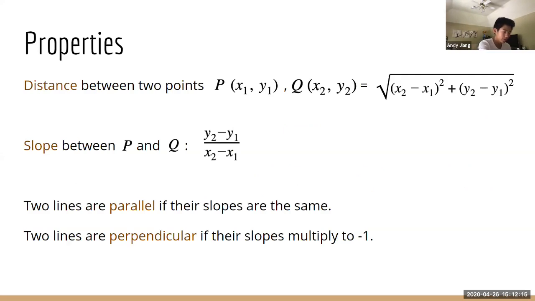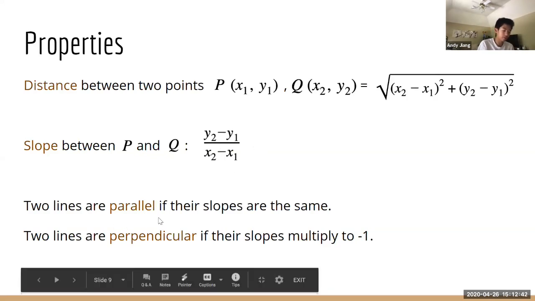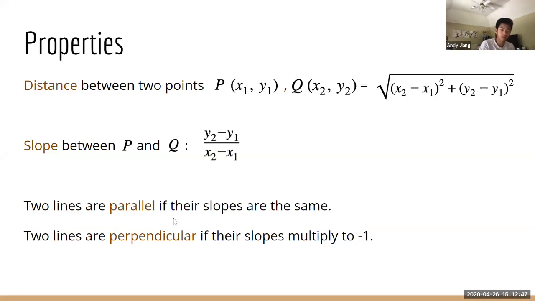And you can see this x2 minus x1 is like our A, y2 minus y1 is like our B. The slope between P and Q, given these same coordinates, is y2 minus y1 over x2 minus x1. And when we're comparing two lines by looking at the slopes, we can tell that they're parallel if their slopes are the same, and they're perpendicular if the slopes multiply to -1.